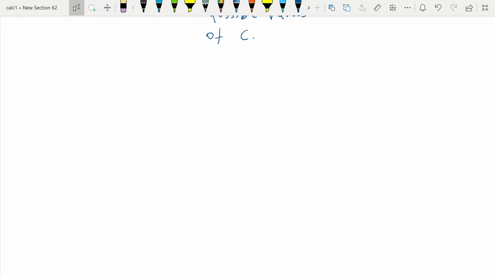I told you to read everything up to Darboux theorem, basically. So this is where we're gonna pick up. So we're gonna go to section 5.